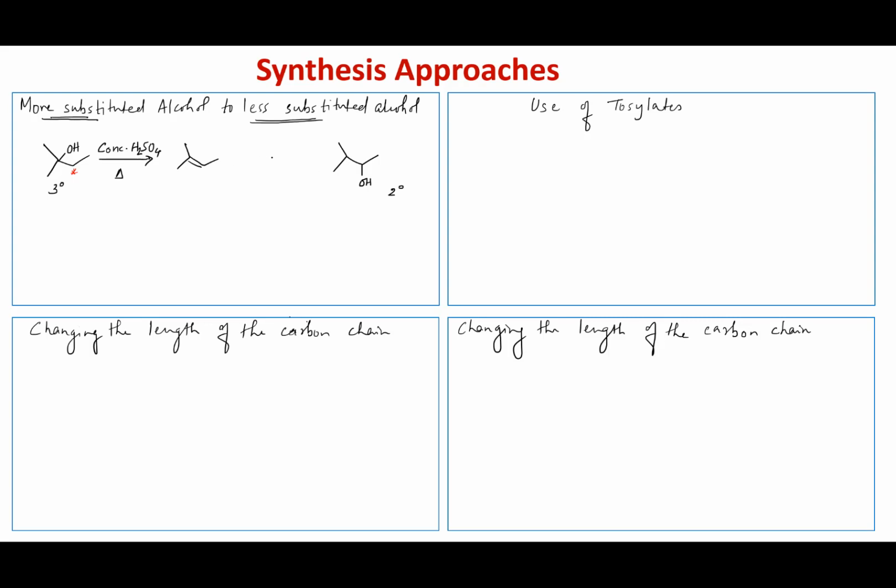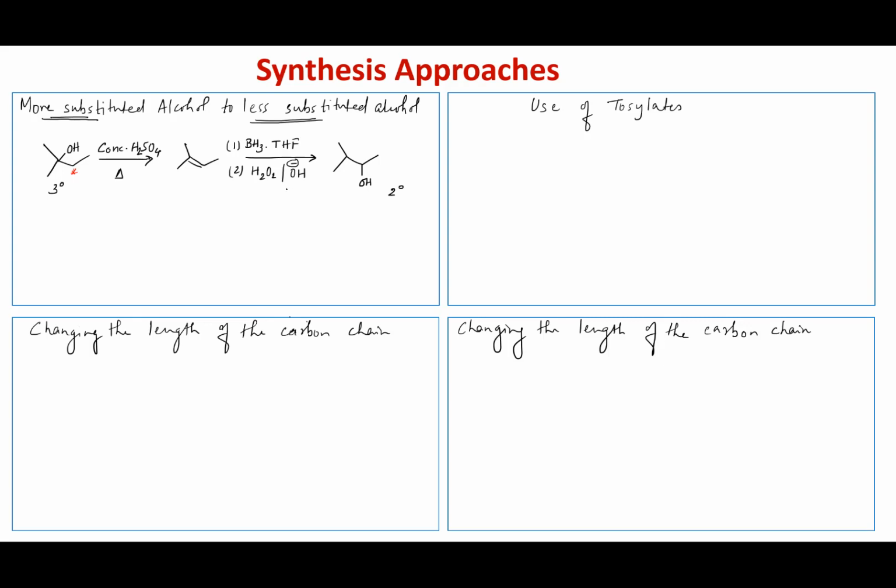And so now that I have this double bond, this alkene product, I can finish this off by doing a hydroboration oxidation. If I react this alkene with borane THF and follow it with the oxidation, again, remember these reactions, the hydroboration and the oxidation, are done in two steps. So it's a sequential stepwise reaction.